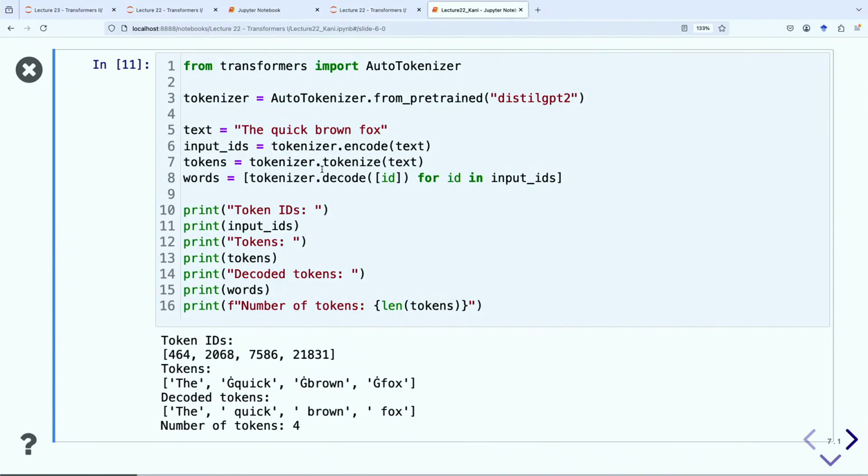If we encode the string as a series of numeric numbers, we could also decode it based off the tokenizer. So if we do this, "the quick brown fox" gets tokenized as this. This special character Ġ is basically just a random sample character that this particular model uses to denote a space.